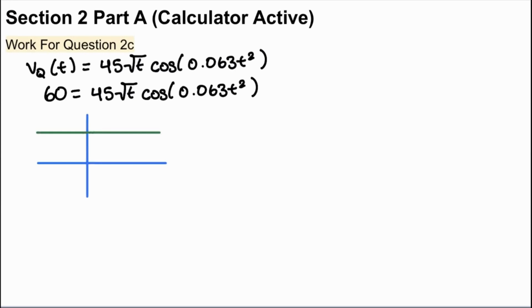is going to be the graph y equals 60, and the graph of VQ of t is going to look something in the ballpark of this. Obviously, it's not going to be perfect. Your graphing calculator will make it look better, but it's going to look something like this. And this is why you really need to watch your interval.